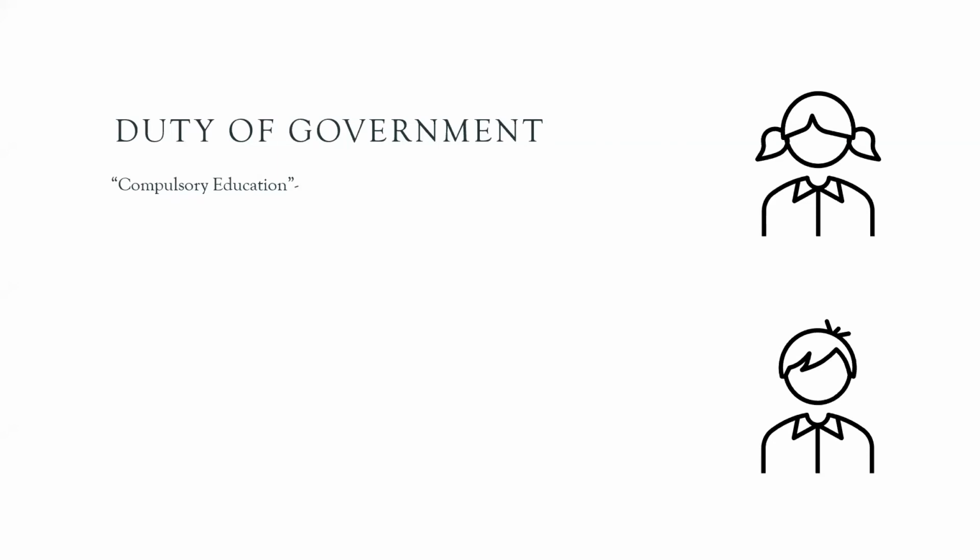It means that a child is obligated to be educated by the appropriate government. It is a duty of the government, the parent, to ensure that a child is being educated. Now, what we are seeing is only the duty of the government. We will go on to see the duty of the parent as well.